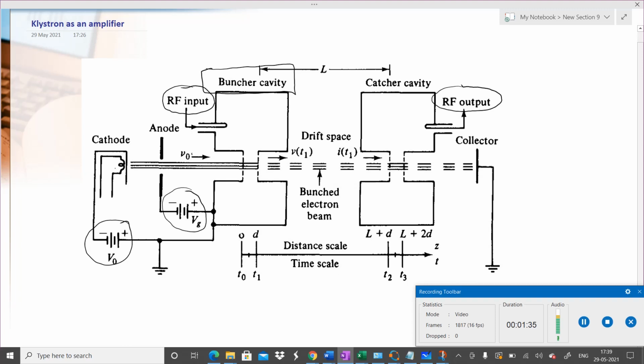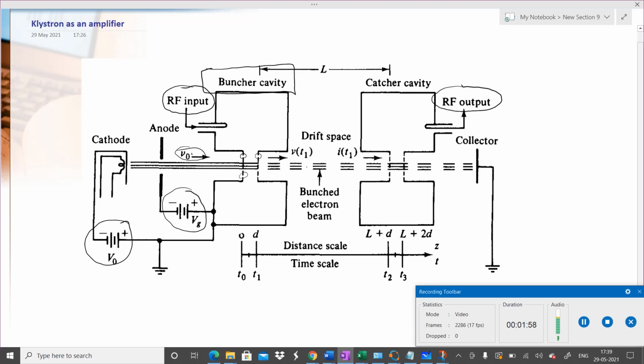Now what will happen is, when this cathode gets heated up, it will release electrons. Those electrons will move with some constant velocity v0, and as soon as they pass through this narrow, you see we have some holes here, right? They are there to allow the electrons to pass through this buncher cavity.